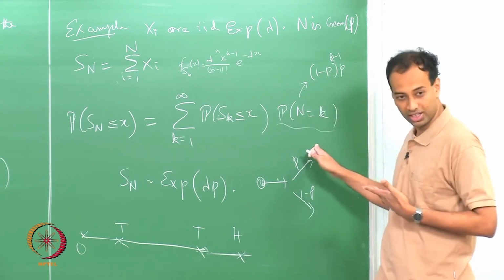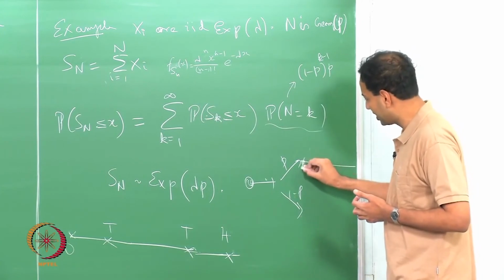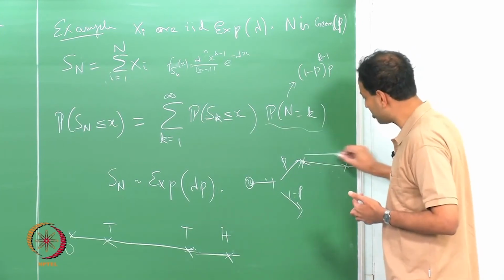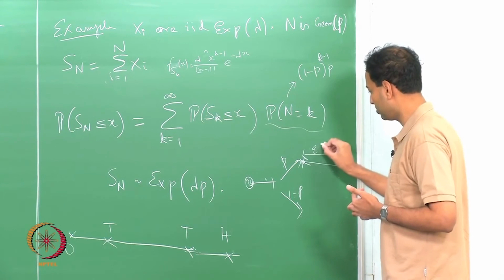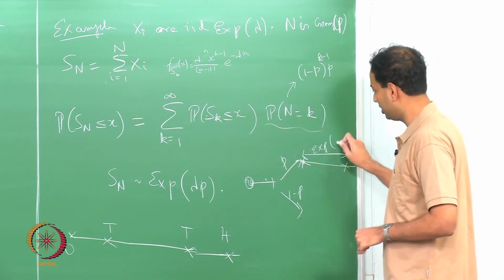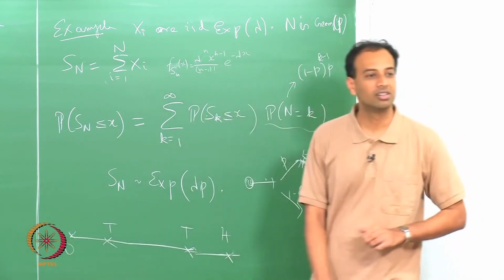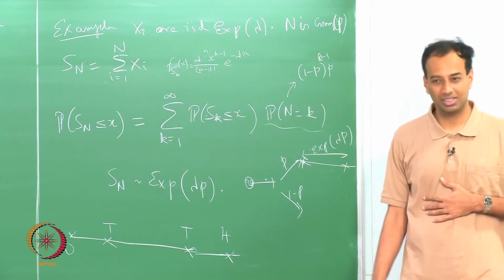So, if you look at things here, then according to our result it will look like an exponential with parameter lambda p, but your original process is exponential with parameter lambda.